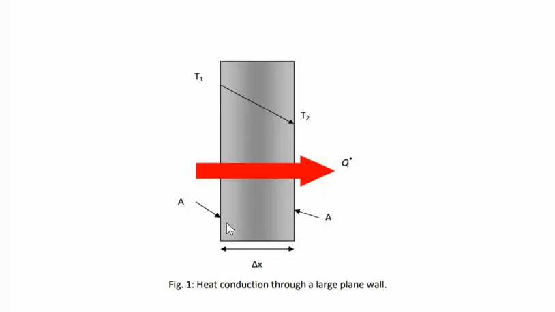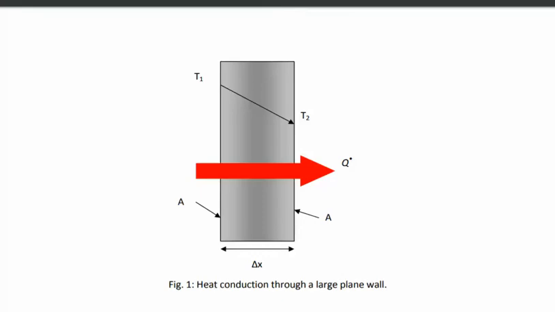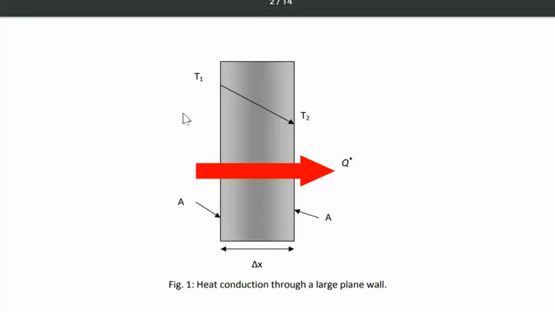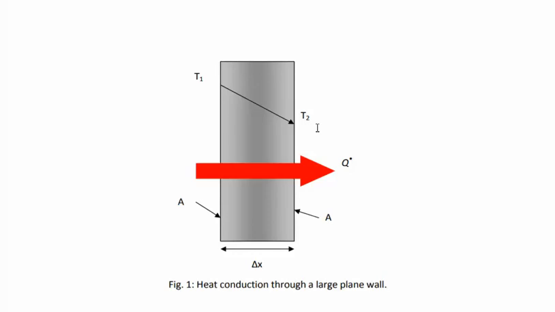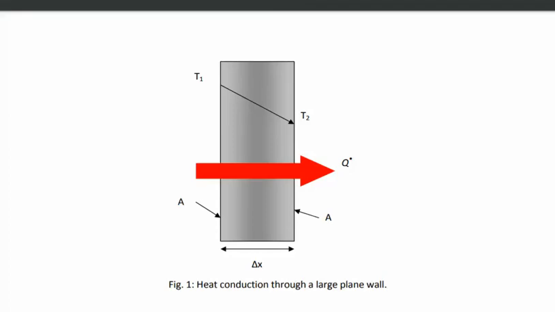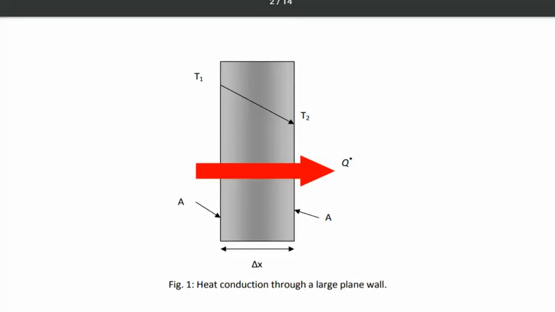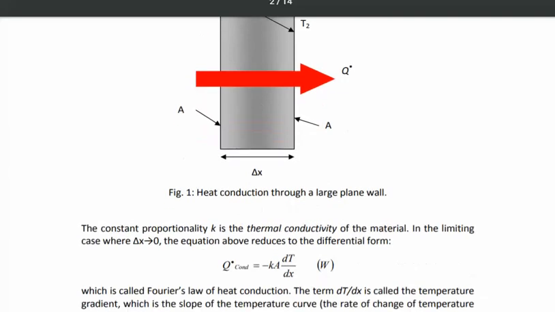A is the area of the wall, and delta X is the thickness of the wall. In this phenomenon, heat will come from the left side and be rejected from the right side. Through the plane wall, some energy is absorbed or gained by the system that we have to calculate.